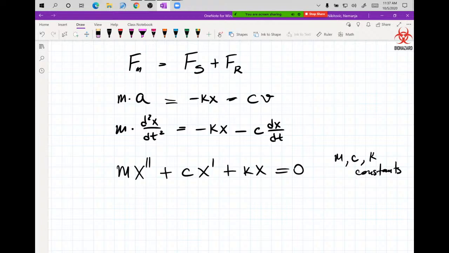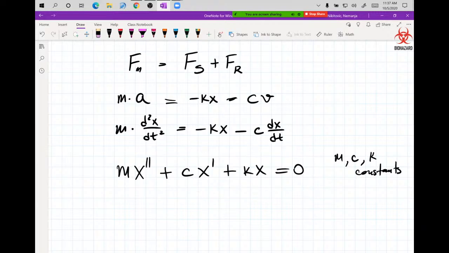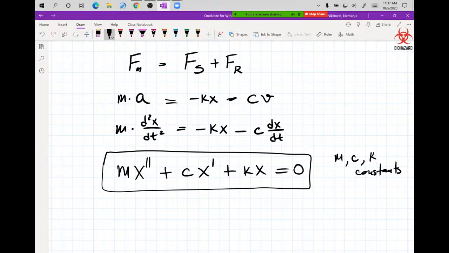And this would be for mechanical systems. So now what I can do here is I can say this is the equation that I am observing for a system that doesn't have any outside involvement, right? It's set in motion, and then the system is perfectly described by this equation.